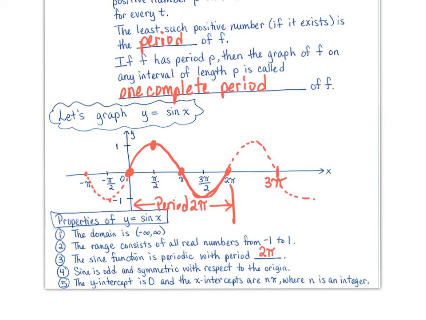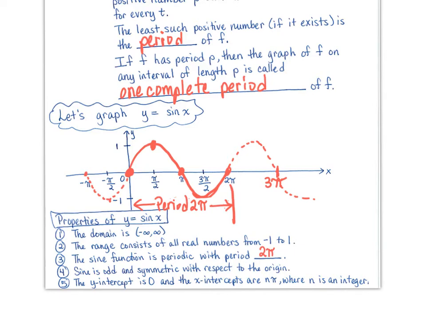Sine is an odd function. Remember, we talked about even and odd properties in the previous section. Sine is odd and is symmetric with respect to the origin. The y-intercept, where the graph crosses the y-axis, is at 0. And notice that the x-intercepts are multiples of pi, so n pi, where n is an integer. Okay?